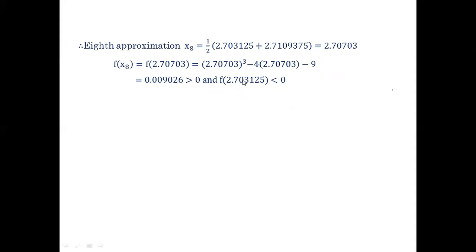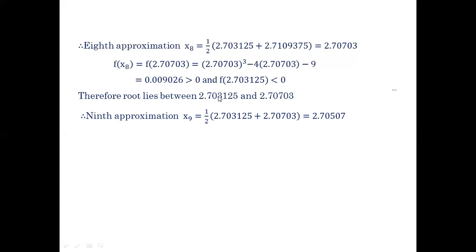And f of 2.70325 is less than 0. Therefore, the root lies between 2.70325 and 2.70703.